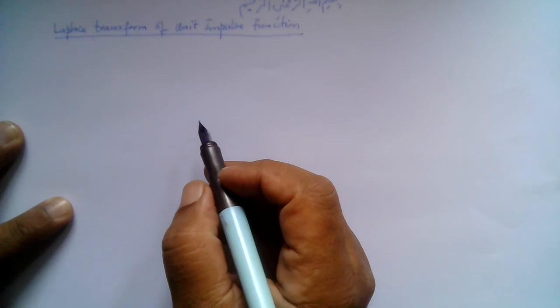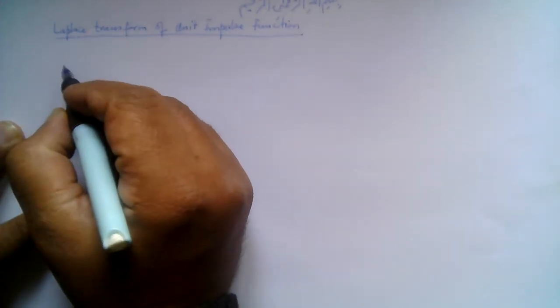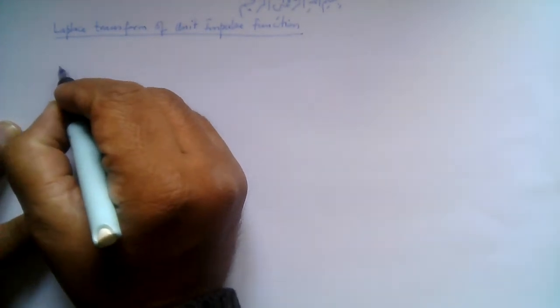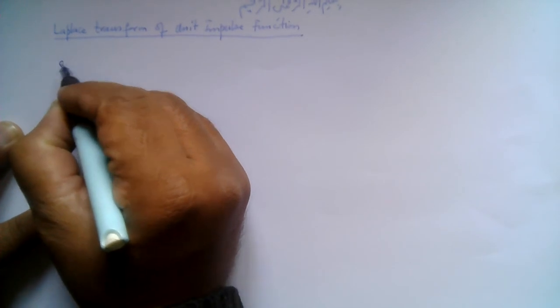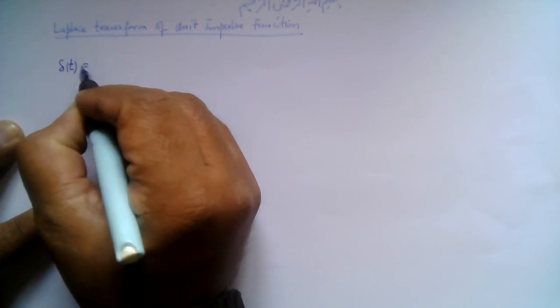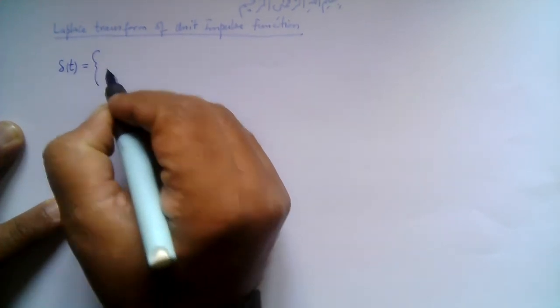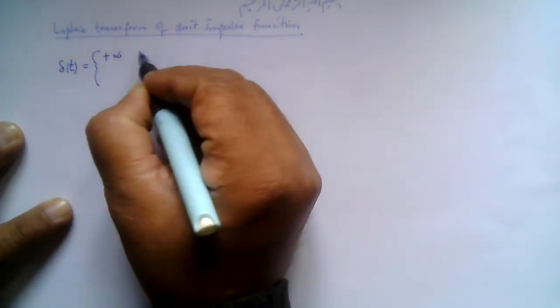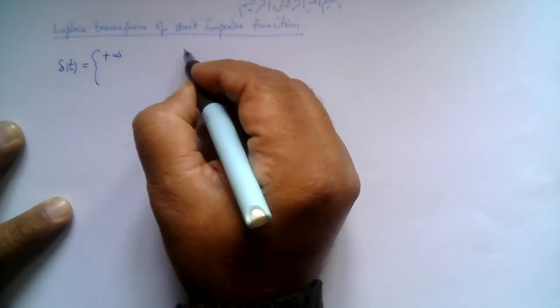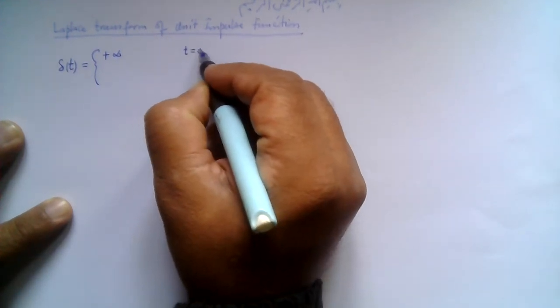So let's first define the unit impulse function. Unit impulse function is defined as del t, and this is equal to plus infinity at t is equal to 0, right?